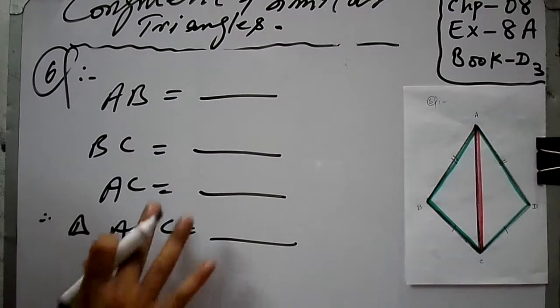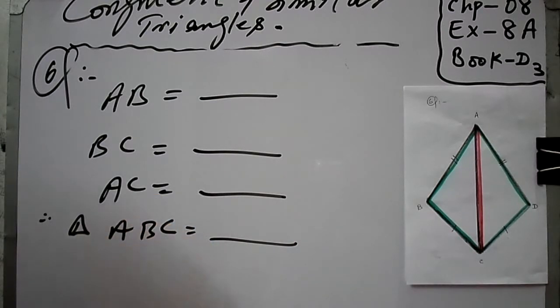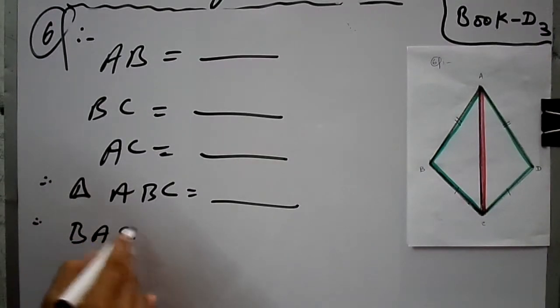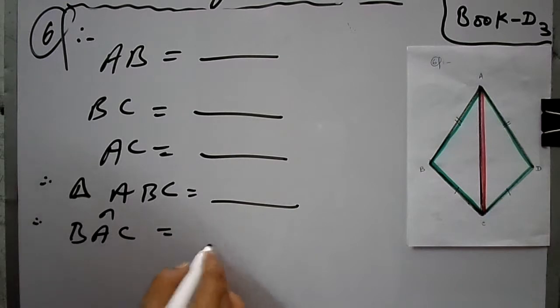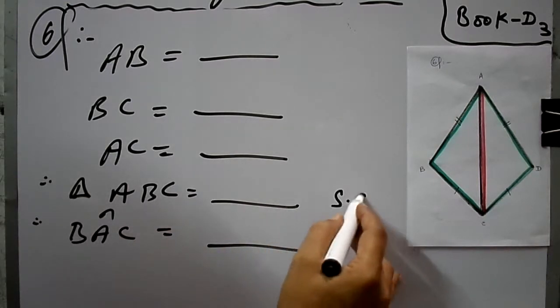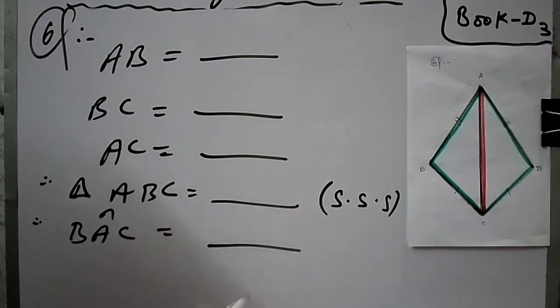You can see here clearly. Similarly, therefore angle BAC must be equal to what. Here, for triangle ABC, you have the SAS postulate.